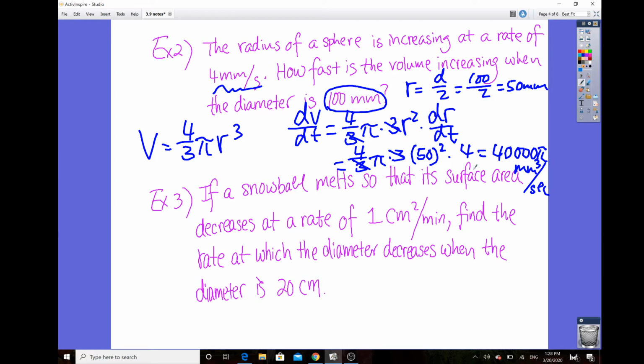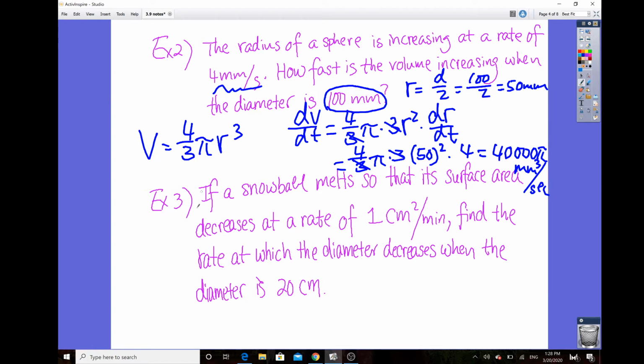Okay, so now the next problem is quite similar. If a snowball melts so that its surface area decreases at the rate of 1 square centimeter per minute, find the rate at which the diameter decreases when the diameter is 20 centimeter. Now this one is asking about the rate of change of the diameter.